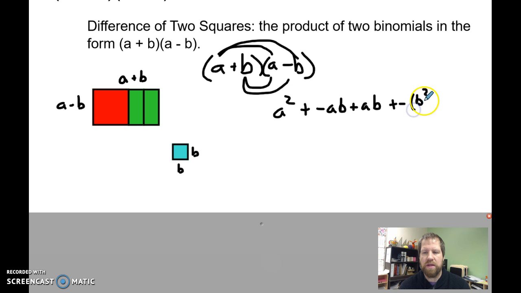And it's important to note that that negative sign is outside of the b squared.